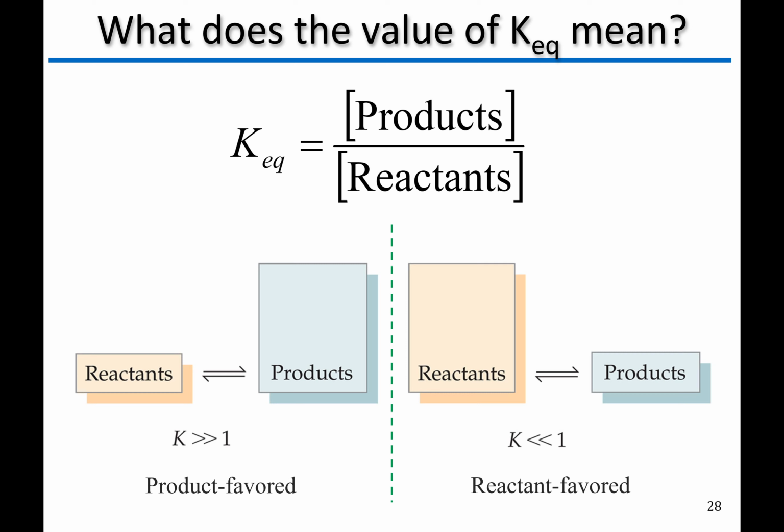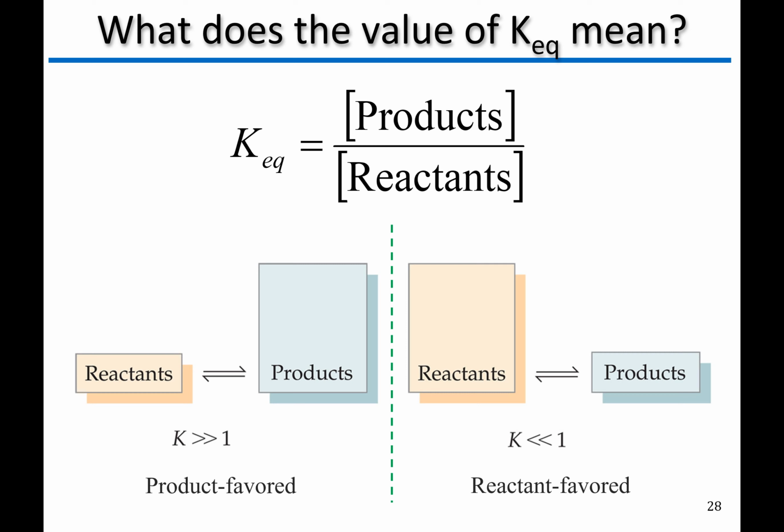So if we remember that KEQ is equal to the concentration of the products over the concentration of the reactants, and we think about that mathematically, we can think about what the value of KEQ actually tells us. If we had a very large value of KEQ, what would have to be mathematically true?